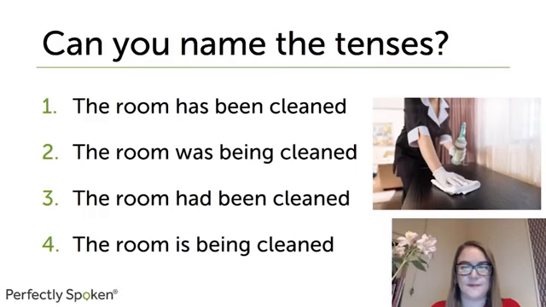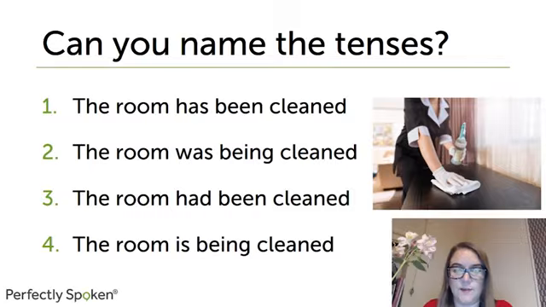Okay, so now that we've had a look at the 4 tenses, I'm going to show you 4 sentences, 1 in each tense, and let's see if you can correctly identify which tense each sentence is. So we'll keep in the same context of the room and clean. But 4 sentences, and you need to tell me which passive tense is being used. Sentence 1, the room has been cleaned. Sentence 2, the room was being cleaned.